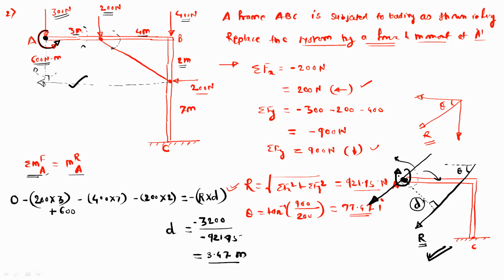This moment M is equal to R into D. Right now it is in the clockwise direction. This R into D is nothing but the summation of moment at point A, that is minus 3200. Minus means it is in the clockwise direction, so this value is 3200 Newton meter.